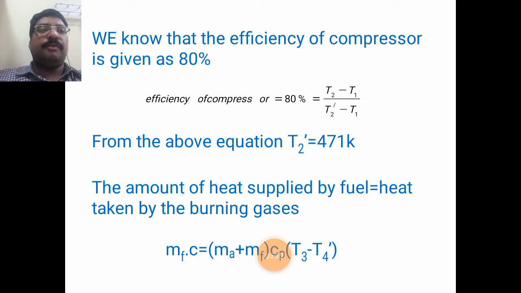So mass into calorific value will determine the amount of heat energy. The heat supplied is equal to mass of air plus mass of fuel into Cp into T3 minus T2 dash. If we divide the whole equation by mf on both sides, we get the equation C is equal to ma by mf plus 1 into Cp into T3 minus T2 dash.